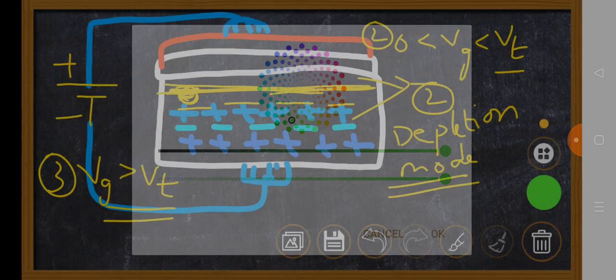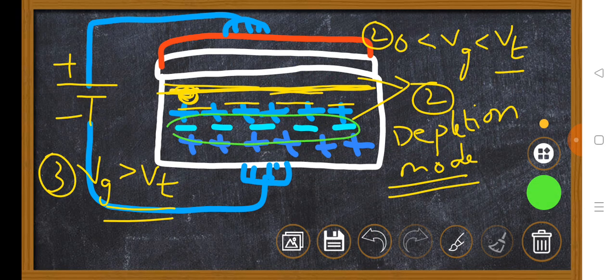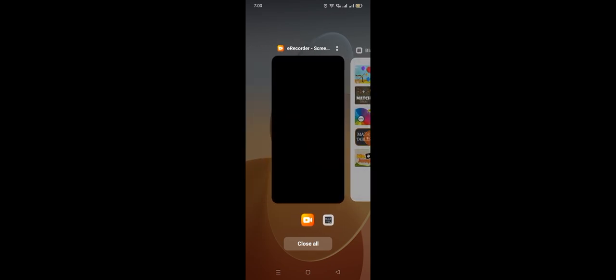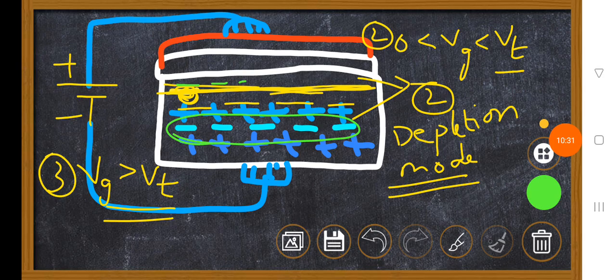Yeah, absolutely, these electrons will come and stay here, and it will form a channel.